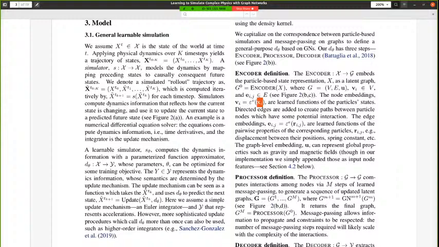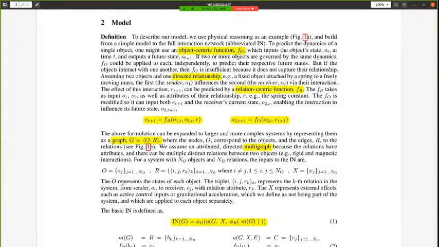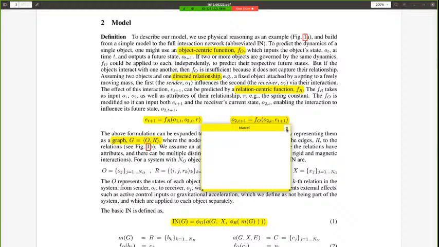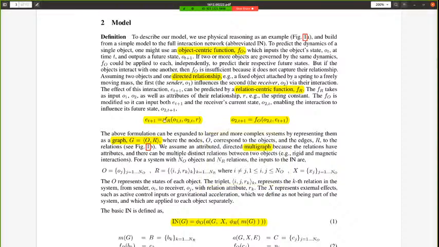Okay, but if we then go into the paper, and now notation changes, I'm sorry about this. So this updates an edge based on a pair of vertices and the old edge. This is more general, but R and E kind of play the same role.